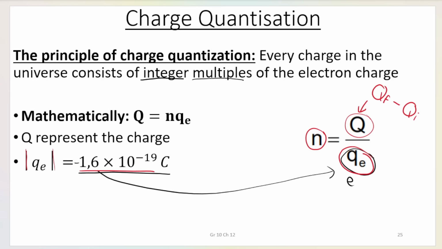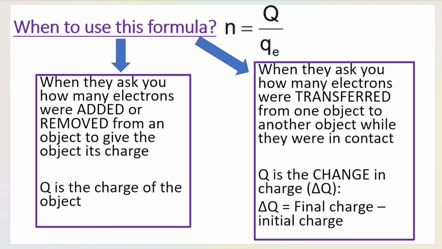Right. When do we use this formula? I like to break it down into 2 situations for my students because it might help them. The first situation is when you are asked how many electrons were added or removed from an object to give it its charge. So for example, if I say my object's charge is 3 coulombs, and I ask you, how many electrons were removed to give it this charge?